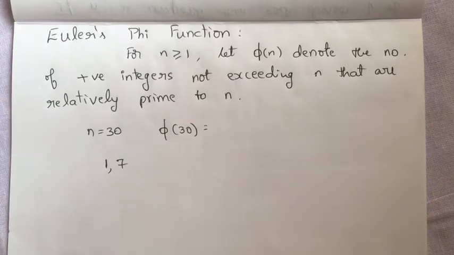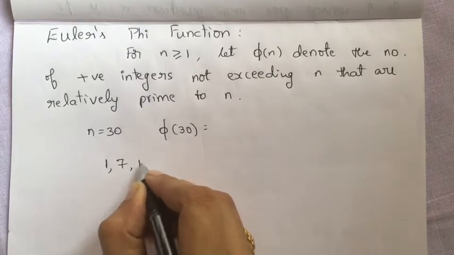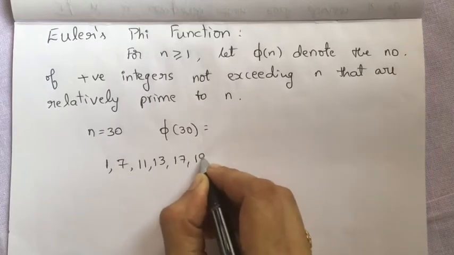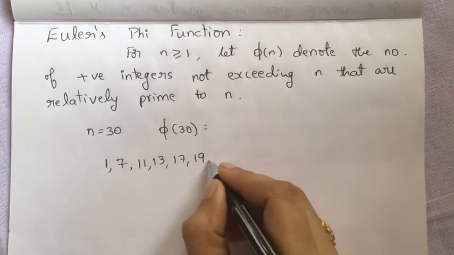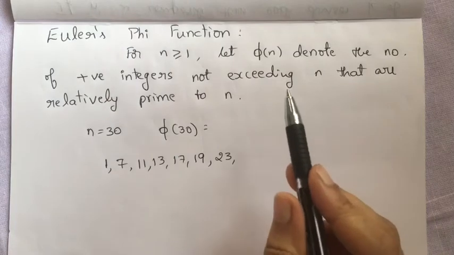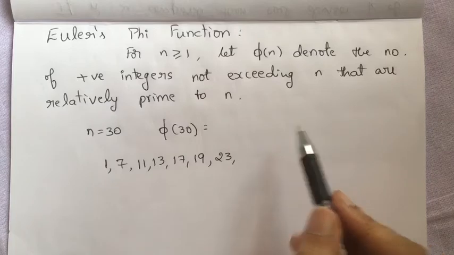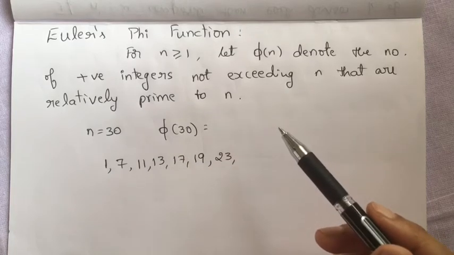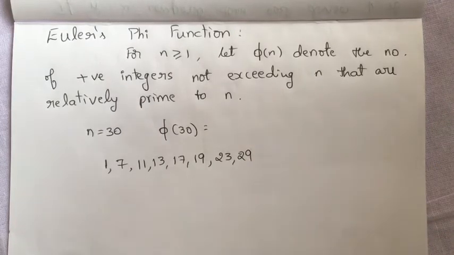When I look at 7, then they are relatively prime. Similarly 11, 13, you can check it out. 19, 20 is not possible, 21 not possible, 22 again not possible, 23, 24 not, 25 not possible, 26, 27 again they have 3 as a common factor, not possible, 28 not possible, next is 29, yeah, I'm done.